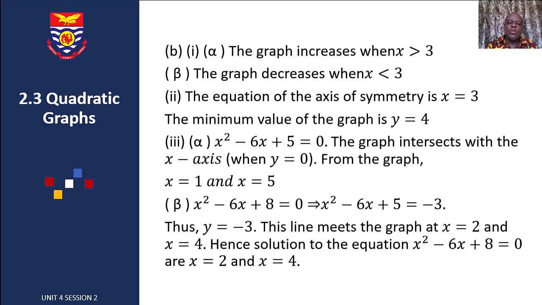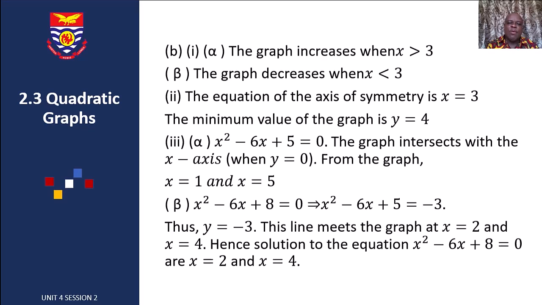So that becomes the line of symmetry, and the equation of that line of symmetry is x is equal to 3. And from the point which gives the minimum turning point, you can get the minimum value. That is the value that corresponds with 3, and that is -4. So the minimum value of the graph is y equal to -4.